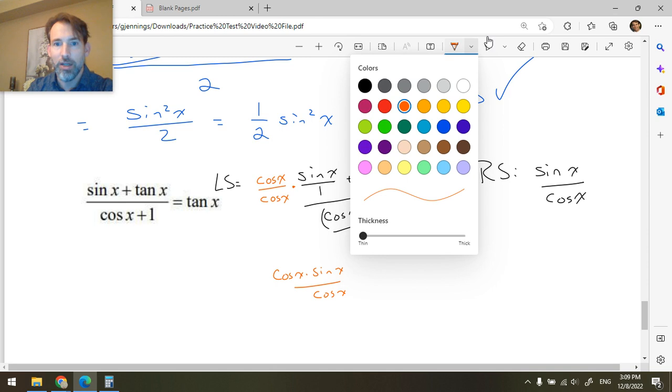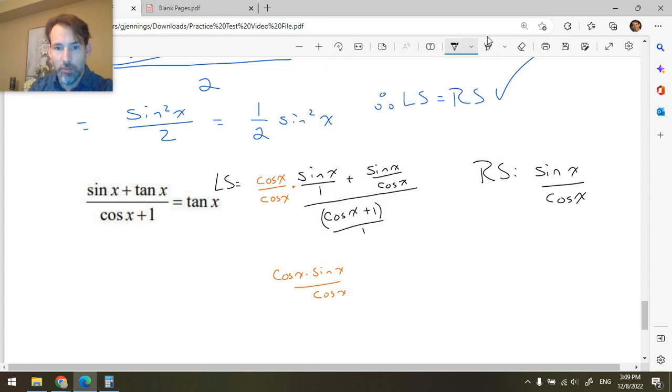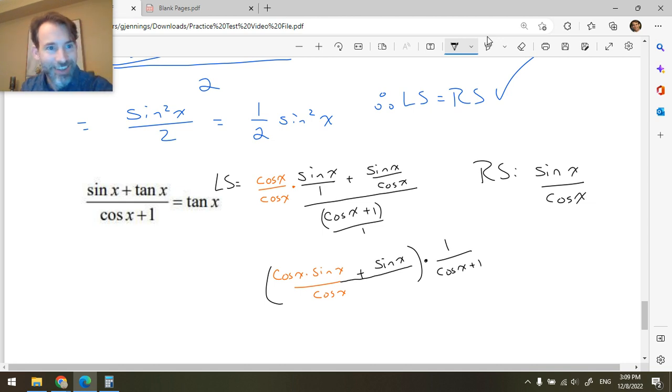Okay, that's what we just created by creating a common denominator, plus sine x. But since it's all over cosine x, I can write that as one fraction. Okay, and then let's put that numerator in brackets and multiply by the reciprocal of the denominator, 1 over cosine of x plus 1. Okay, that's just what you do when you have a fraction.